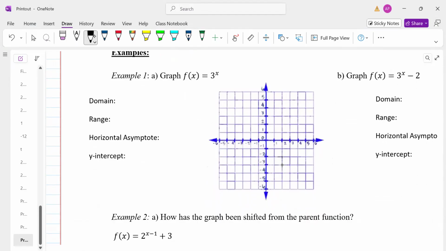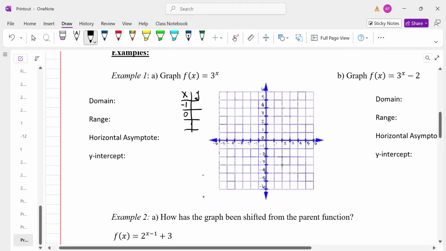All right, so we have the function f of x equals 3 to the power x. So what we're going to do is make a table of values. And we can substitute numbers from -1, 0, 1, and 2.